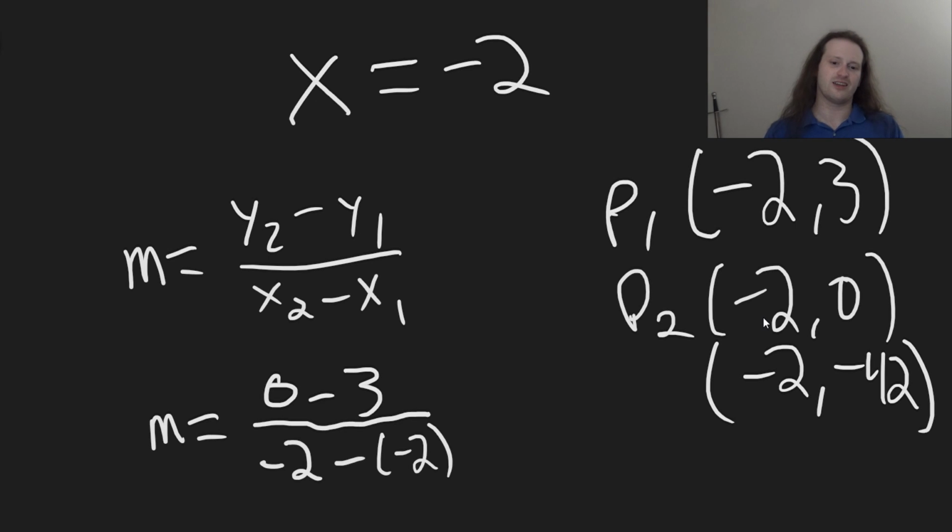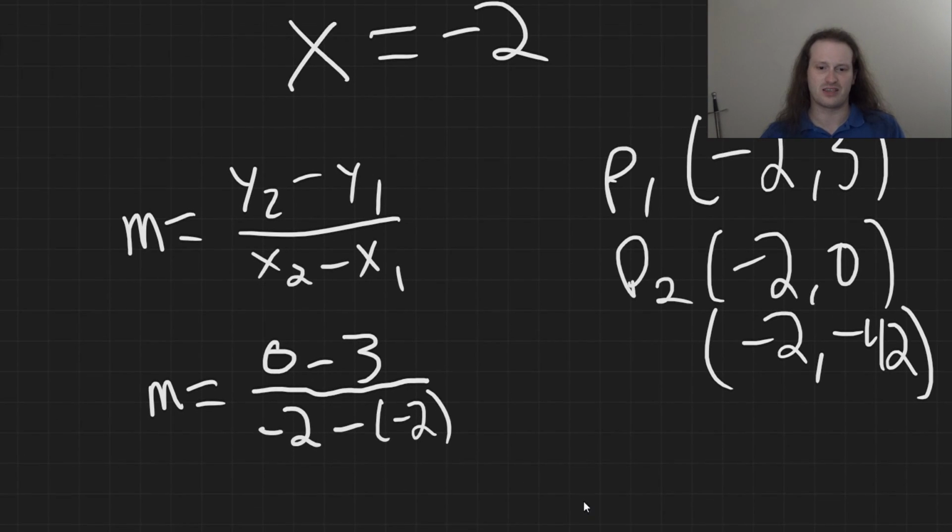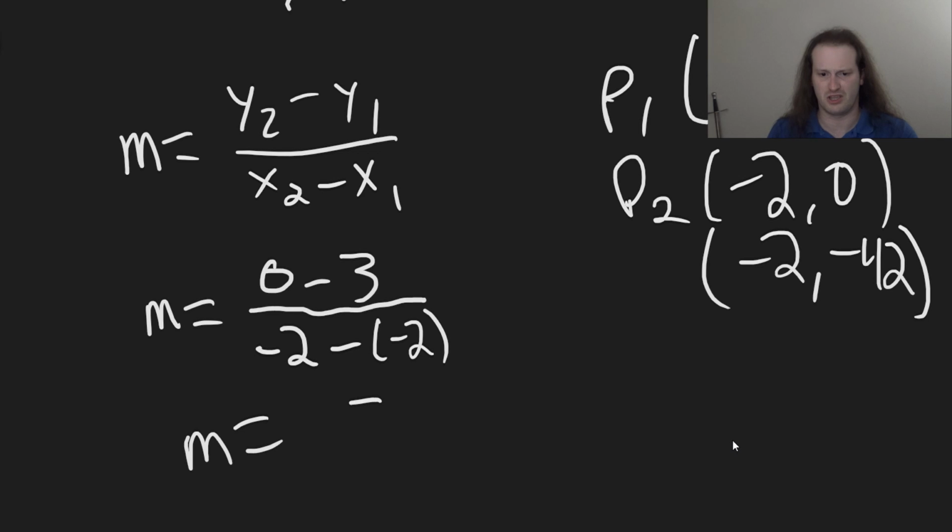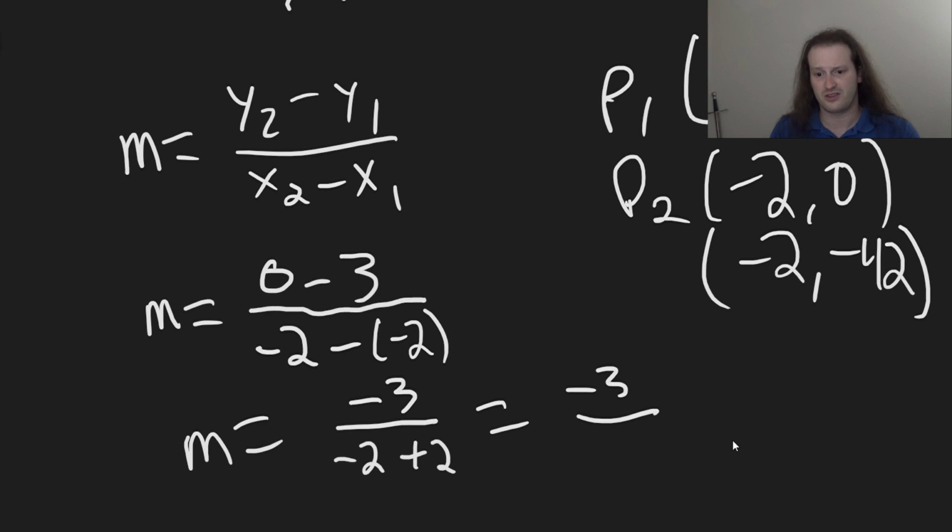So we're subtracting a negative, so that's the same thing as adding. Negative 3 over negative 2 plus 2, which is 0.